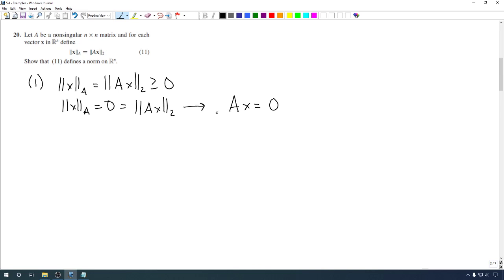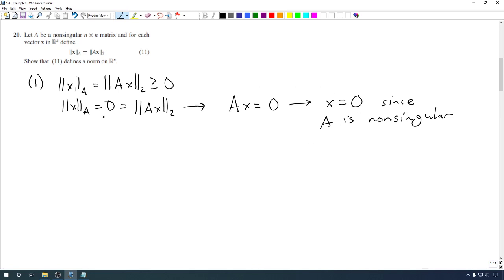Since A is non-singular, the only vector we can multiply A by to get the 0 vector is the 0 vector. So the only vector whose A norm is equal to 0 is the 0 vector. And that's what we wanted.